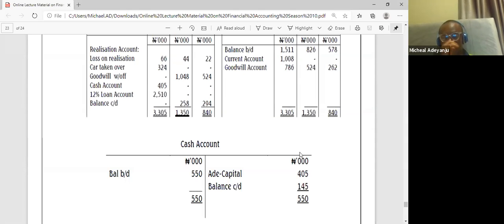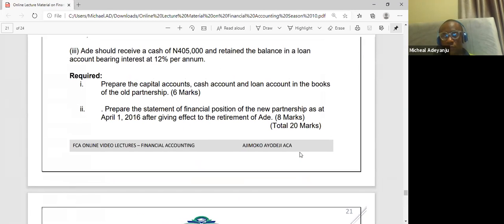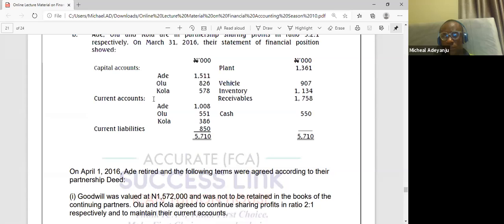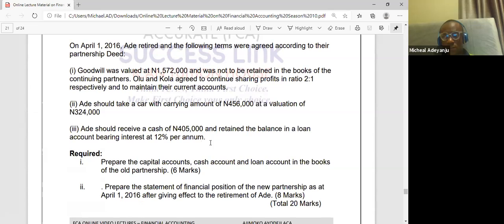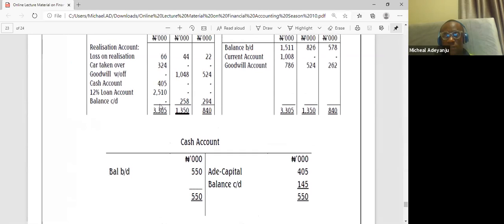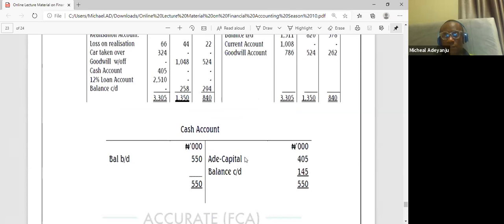Oh, that is not it. Do you have the loan in the question itself? The balance in the account bears interest at 12% per annum. So what is the balance again per annum? This is it. And we have 795.